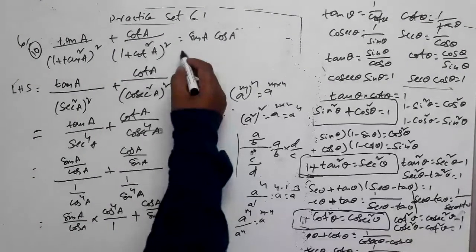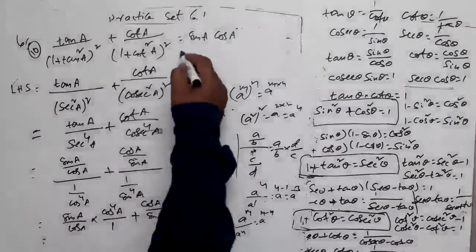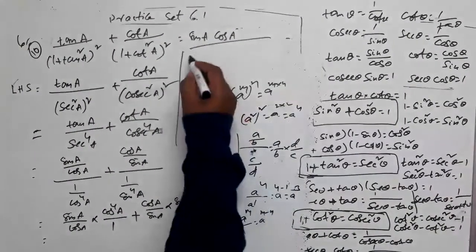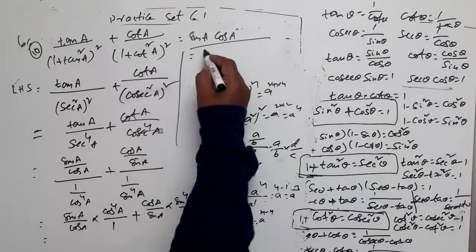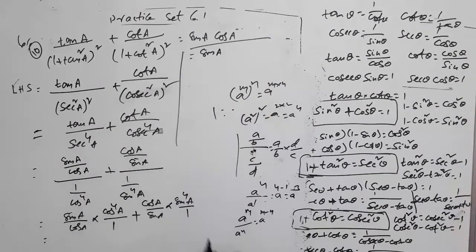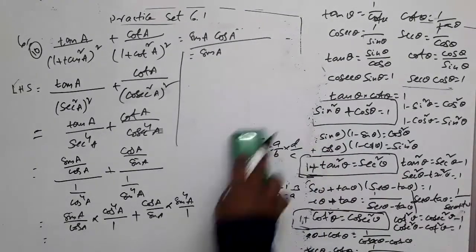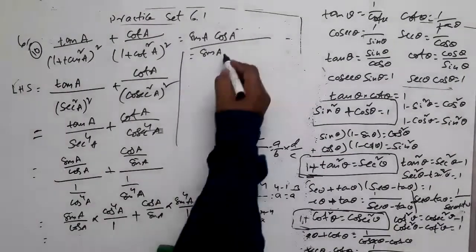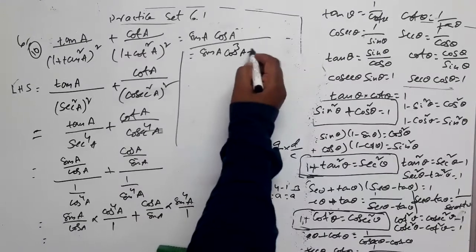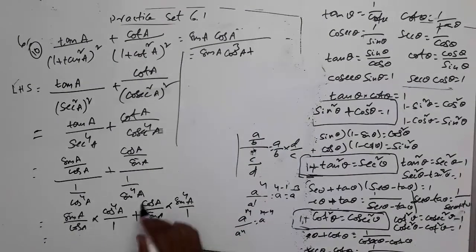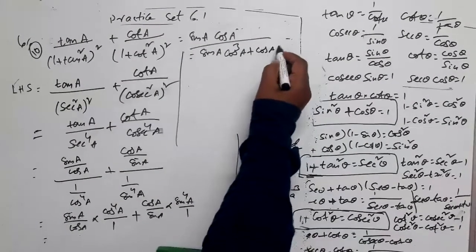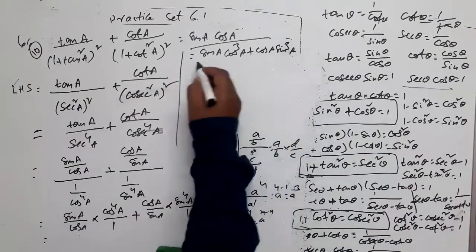So this can be written as, I am writing it here, sin A multiplied by cos cube A plus, if I cancel one sin, cos A multiplied by sin cube A will be remaining, right?